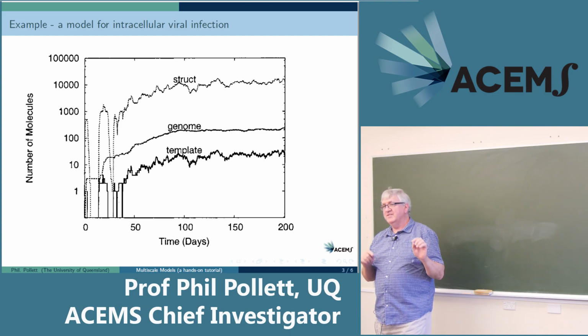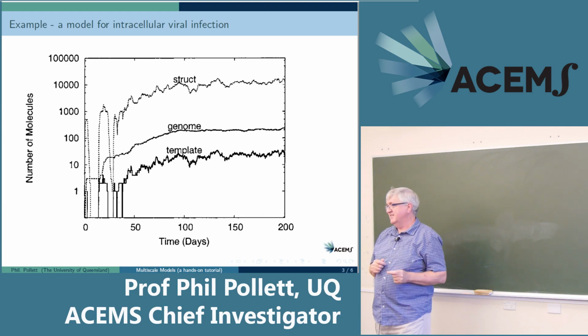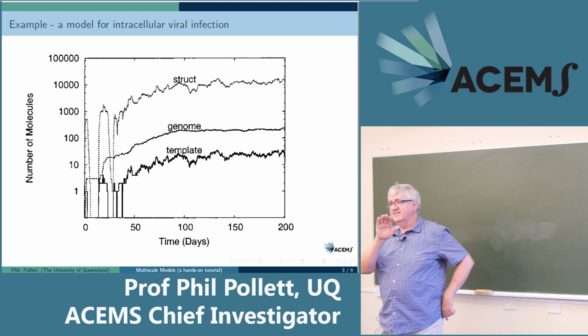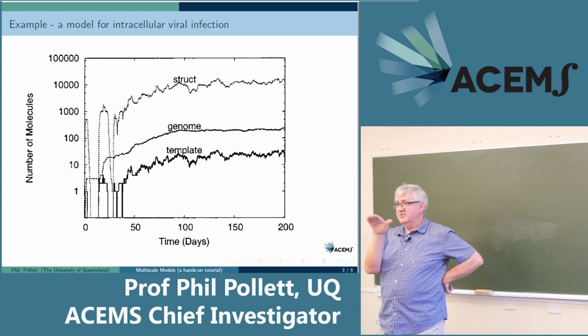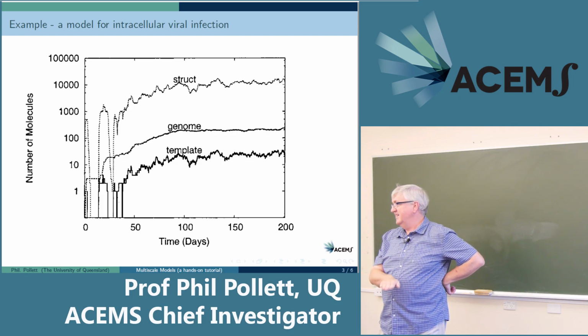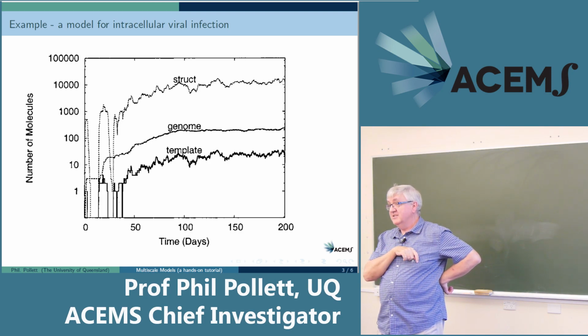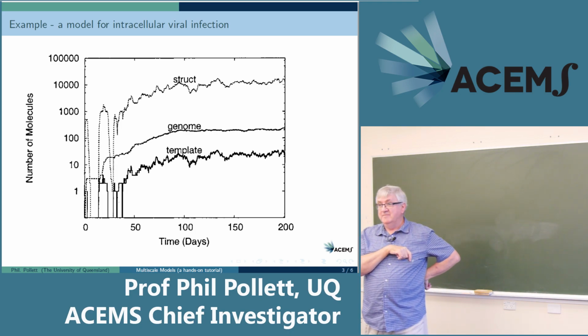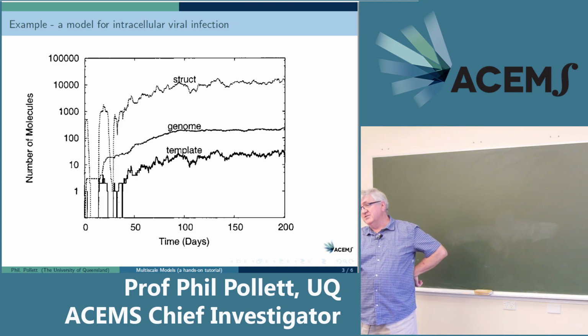If we were just to plot this in MATLAB without any attention to the scale, we would see, I think, the structural protein evolving in time, but the genome and the template would be smacked up against the abscissa, and so you wouldn't see the behaviour that's so clearly depicted in this graph. So we see a steady increase in each of them on their own scales towards perhaps an equilibrium value.